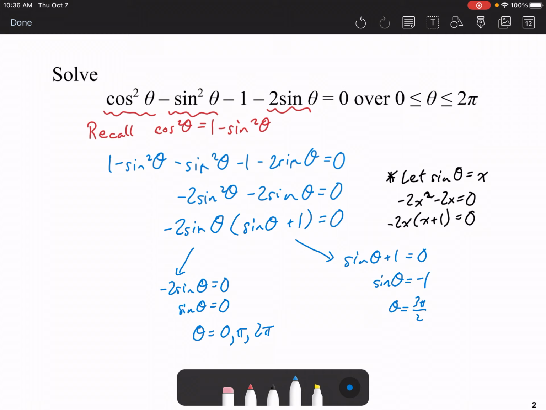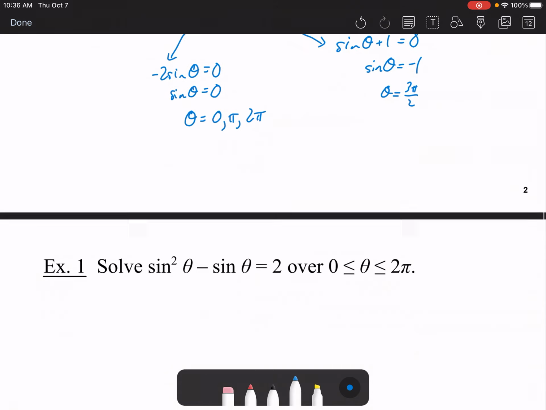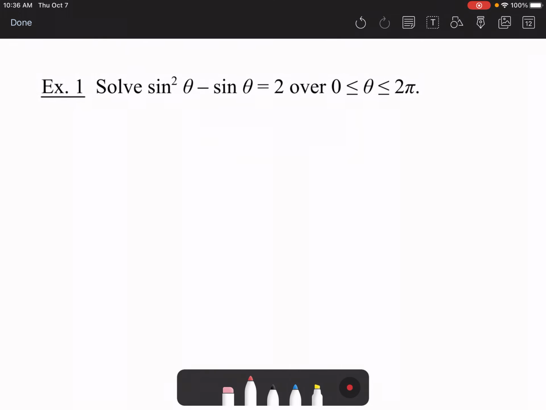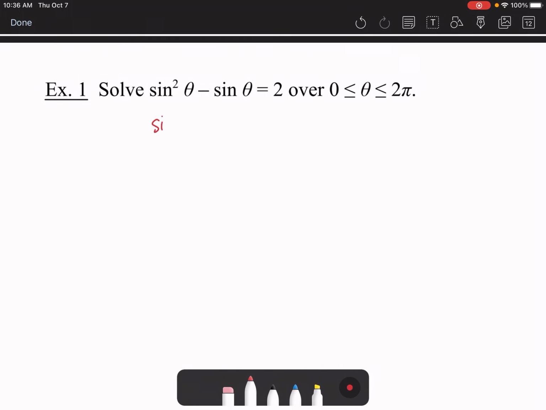So not unlike solving linear trig equations, just have to do a little bit more factoring. So let's try this one. Again, we're going to solve for the value of theta between 0 and 2 pi. These are already all in terms of a sine function, so I'm going to move everything on to one side.